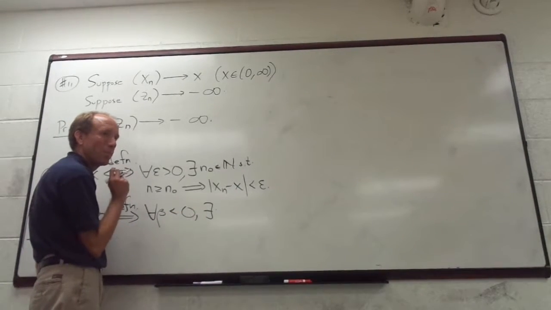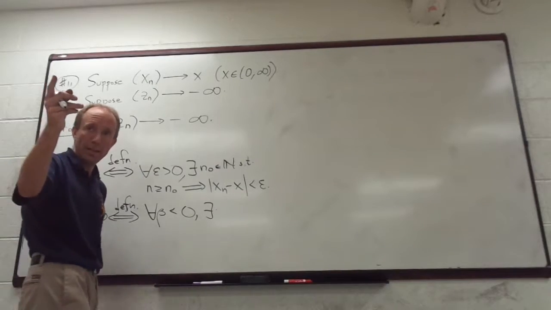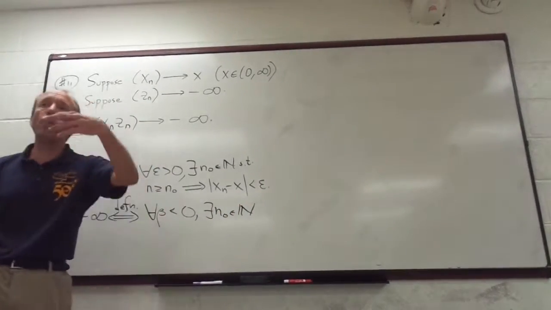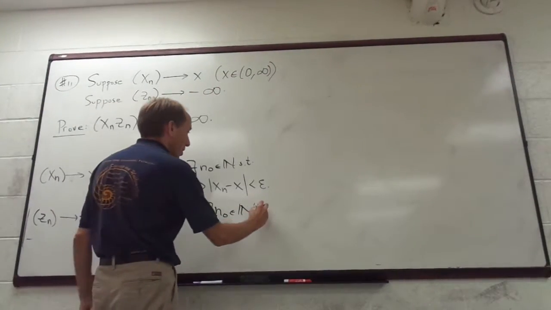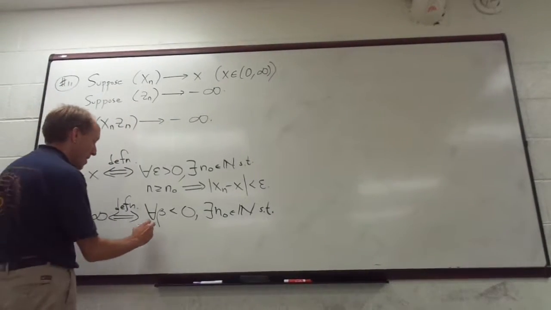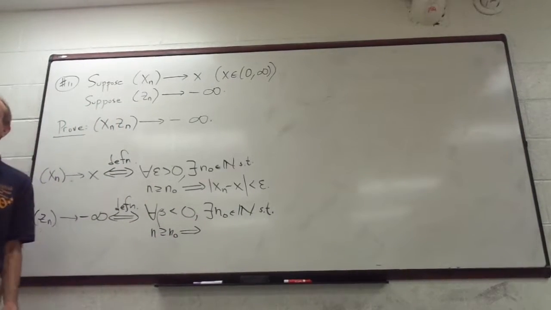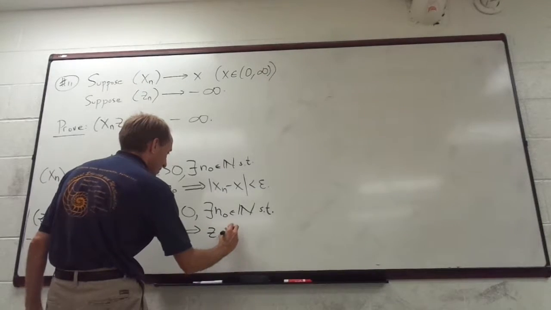Not a delta. We're talking about sequences here. There exists an n naught again, right? You're just trying to go far enough down the sequence such that something is true. So it's the same n naught, such that if n is greater than or equal to n naught, there's no function here, guys, then zn is less than beta.